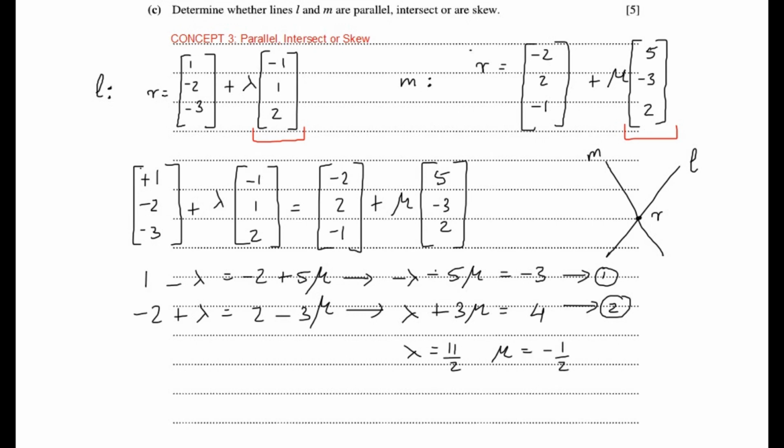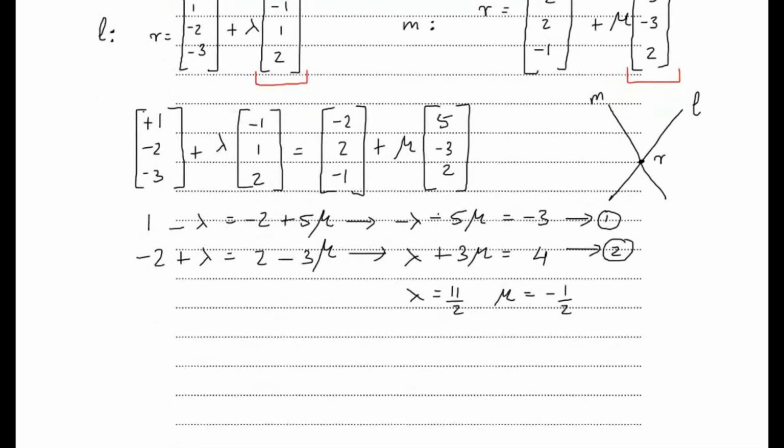Now we need to find a lambda value and a mu value that works for all three rows of the equation. So you want to plug it into the third parametric equation.